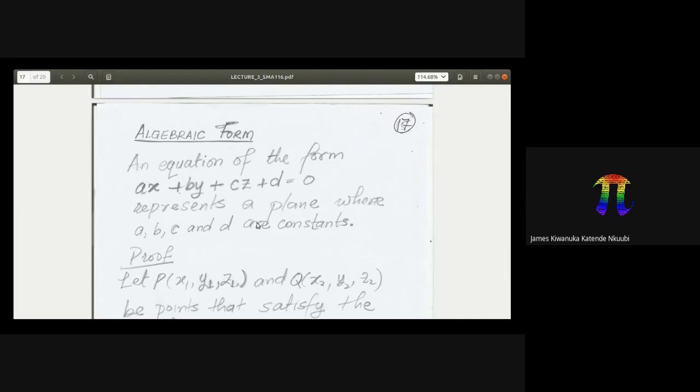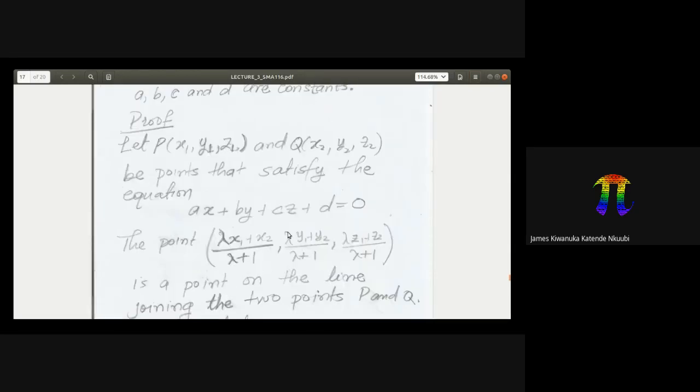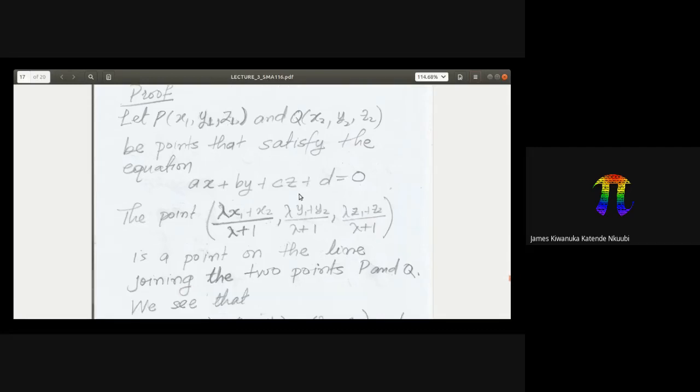So let's go into the proof with that strategy. Let's take the 2 points to be P and Q, and the coordinates would be x1, y1, z1 for P, and x2, y2, z2 for Q. We need some way of expressing any point that lies on the line joining P and Q. That can be done in the following way.